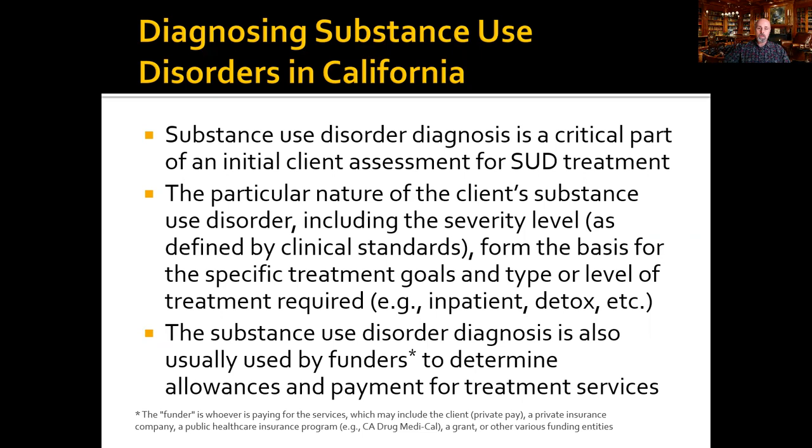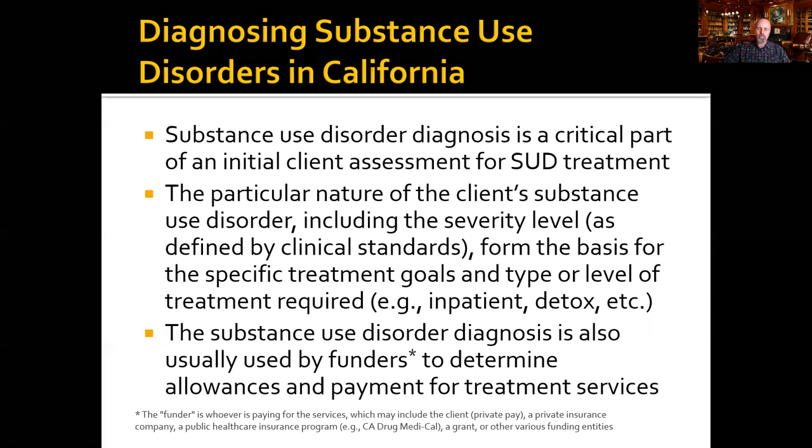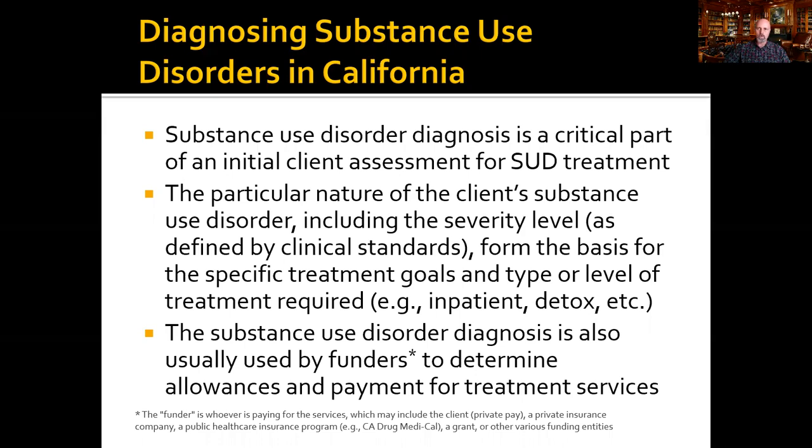The funder may be a grant that's funding your particular program to serve a certain population, or any other number of various types of funding entities. So when I talk about funder, I'm talking about who's actually going to pay for those services.